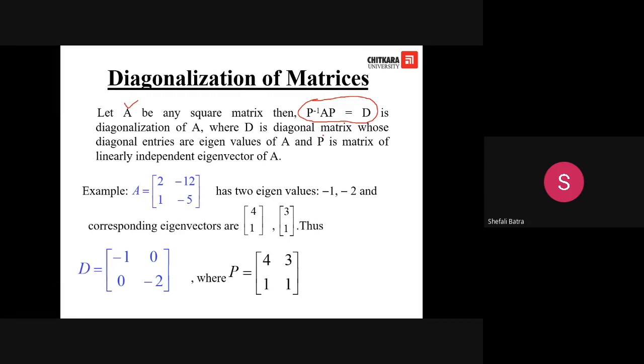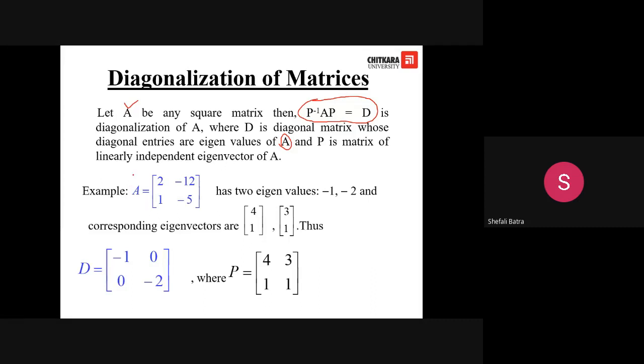D is a diagonal matrix whose diagonal entries are the eigenvalues of matrix A. And P is the matrix of linearly independent eigenvectors of A, right?